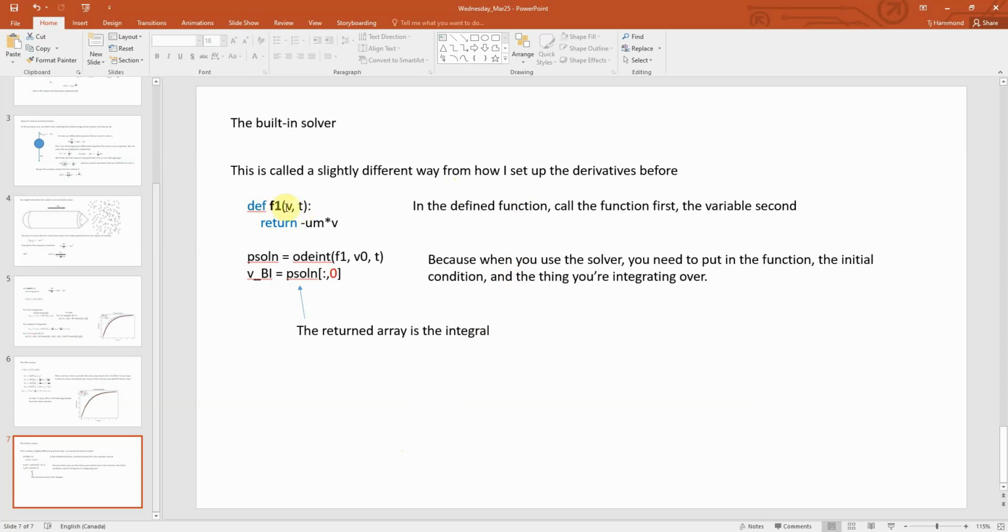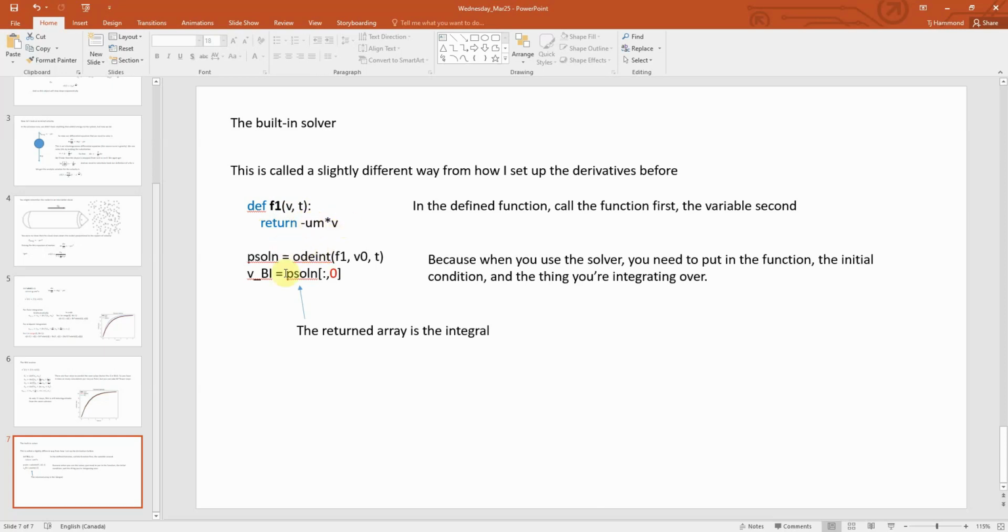I've seen on some forums that you can still put it as time and velocity, but it seems like on my version of Python I need to define the function as the function that I want to return, and the variable that I'm integrating over. And then again, you can just return this differential equation, and in this case, this is the simple drag that's proportional to velocity.